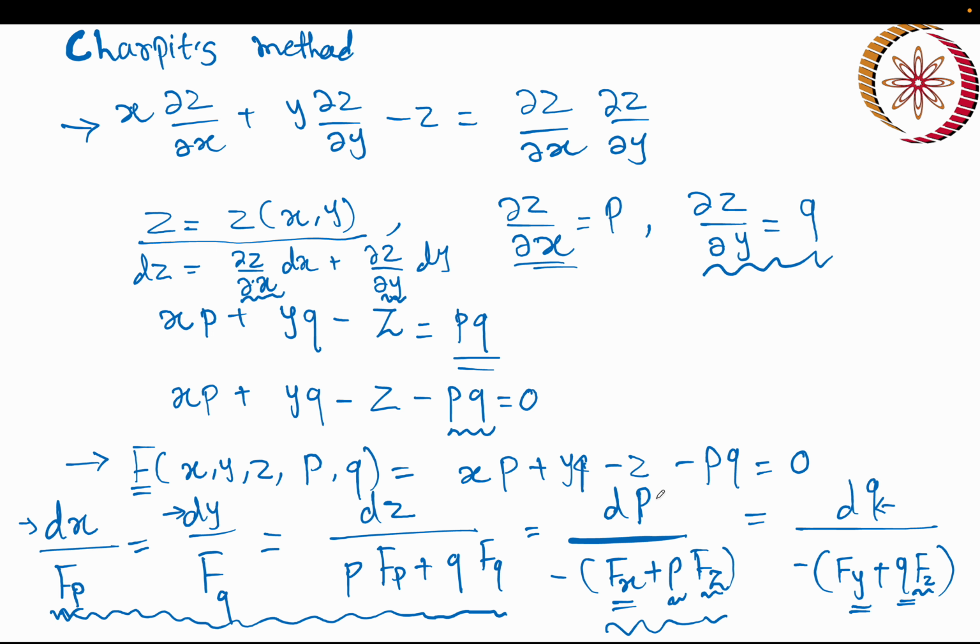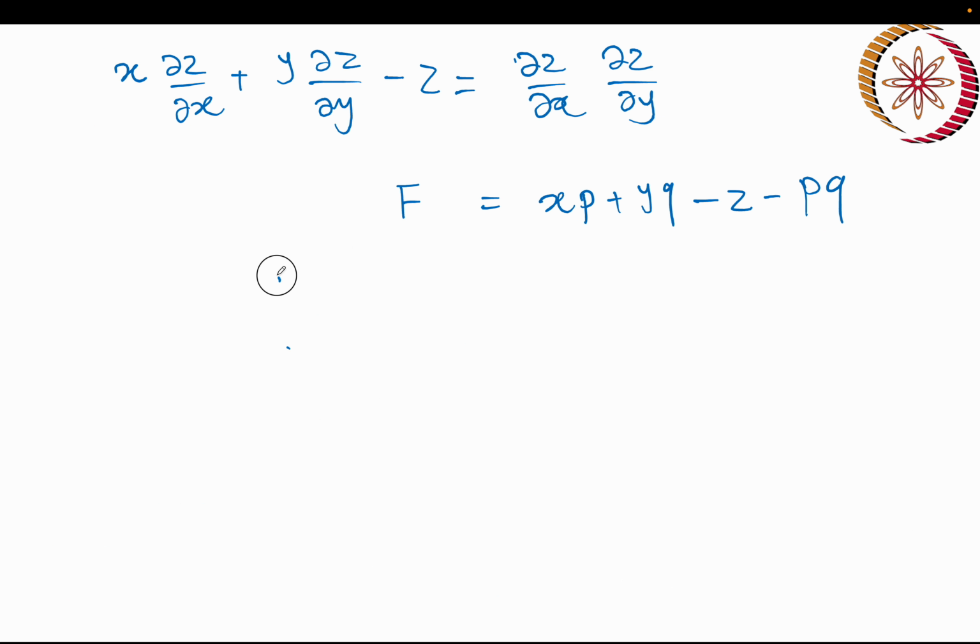Depending on the equation, we have to take two terms at a time, and in this case we'll see that only the last two terms will be sufficient to solve this equation. So I will just write these last two equations, and we'll see what we get.